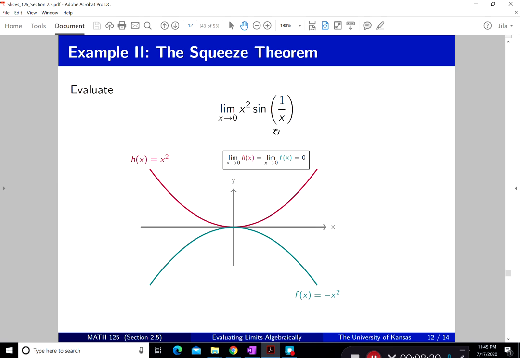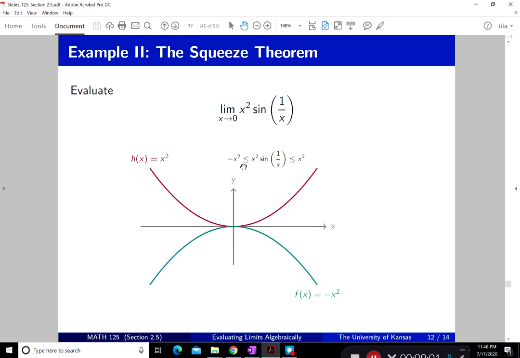Does x squared sine of 1 over x get squeezed between them? Let's remember that the output of the sine function is always between -1 and 1. The range of a sine function always falls between that.